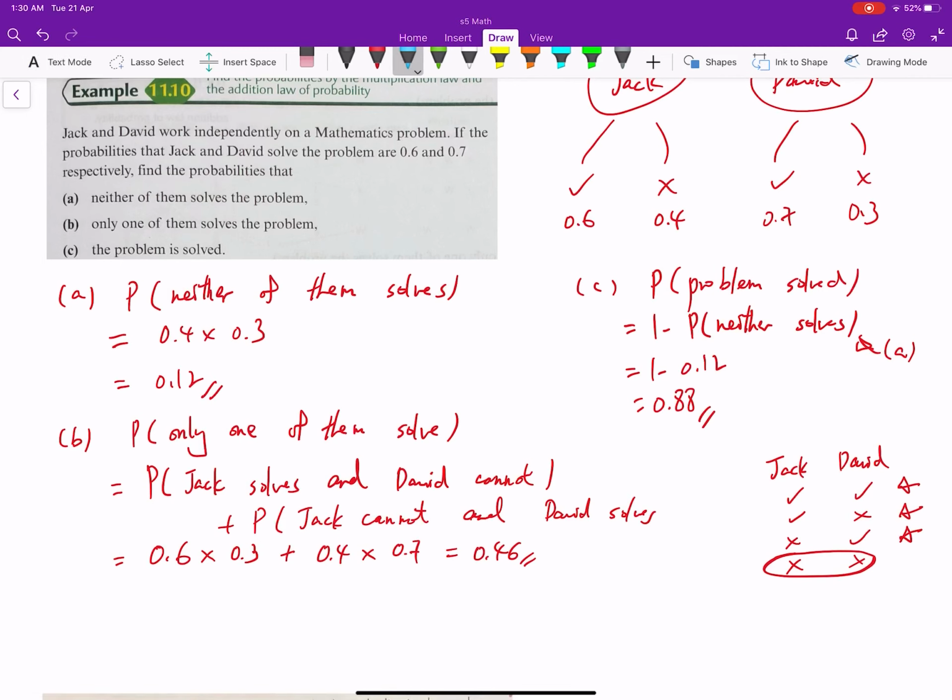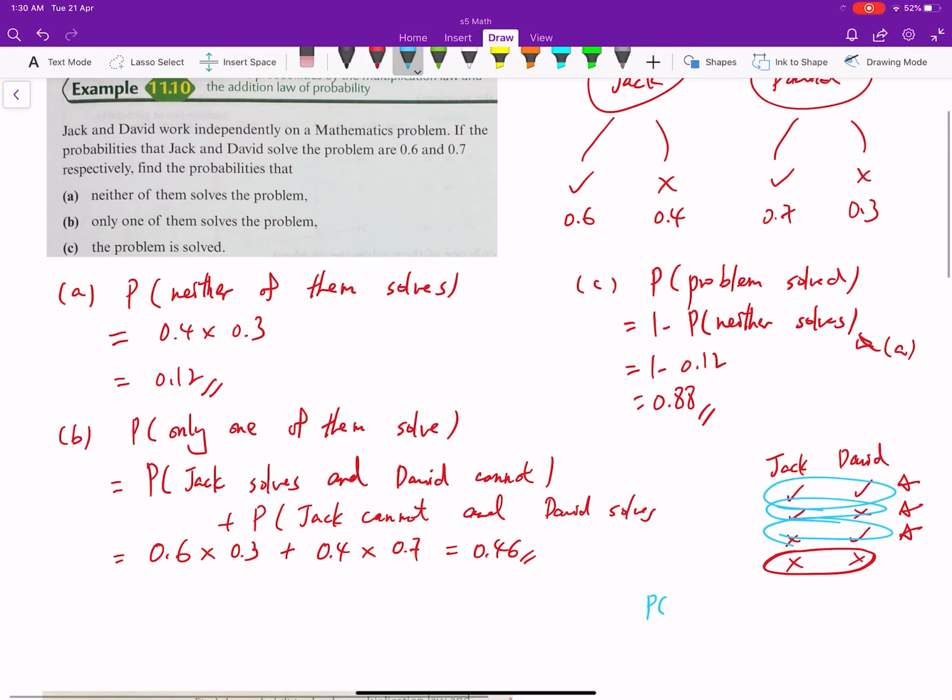A more strict method is that you try to find these three directly. If we want to find these three directly, then for the first one, two ticks, so we get 0.6 times 0.7.